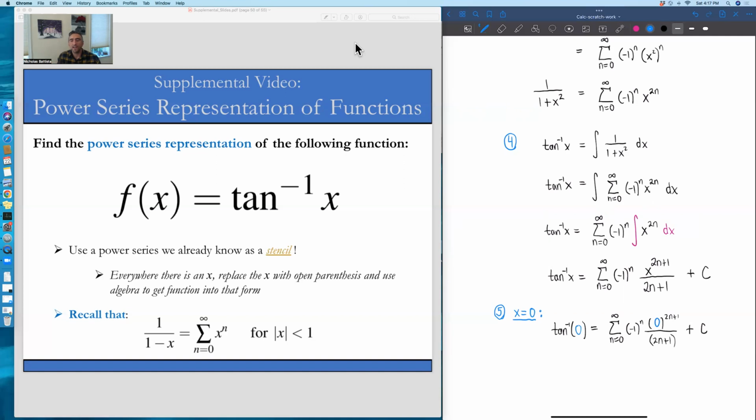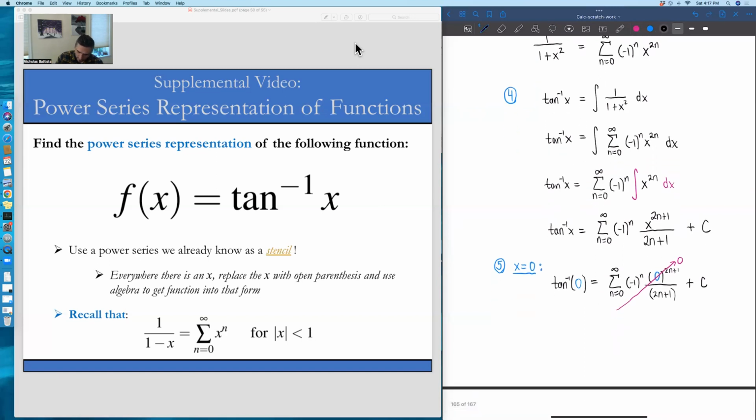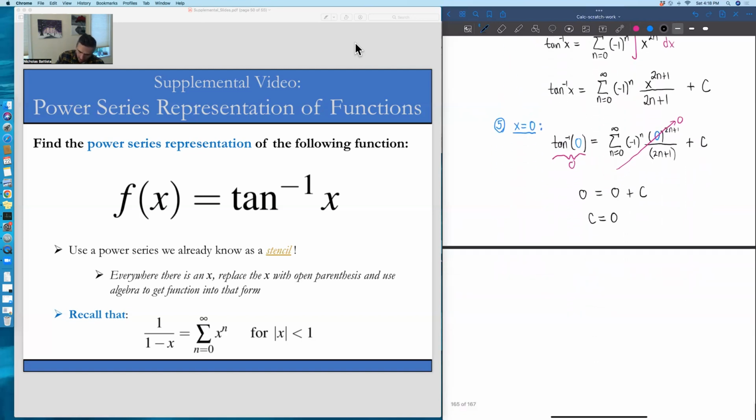So having evaluated both sides at 0, well, that power series is just going to all equal 0 since we're multiplying every single term by a 0 there. And the left-hand side, the inverse tan or arctangent of 0, well, that thing's also 0. So what we have is 0 is equal to the 0 plus c, or in other words, we find that integration constant is actually 0.